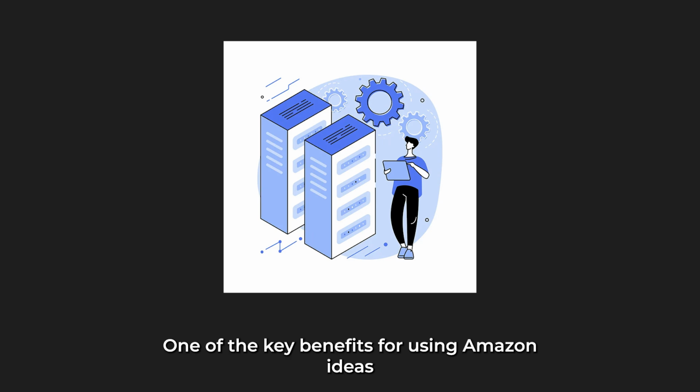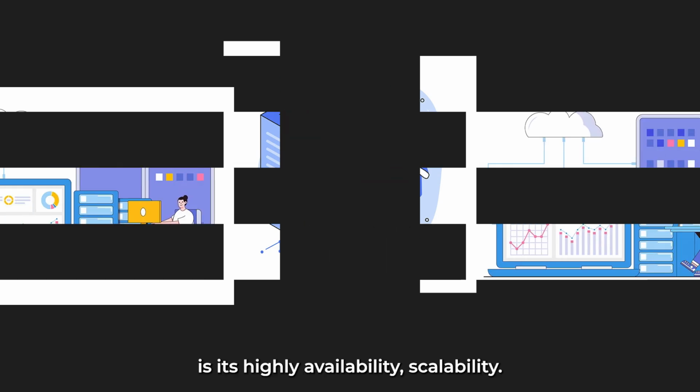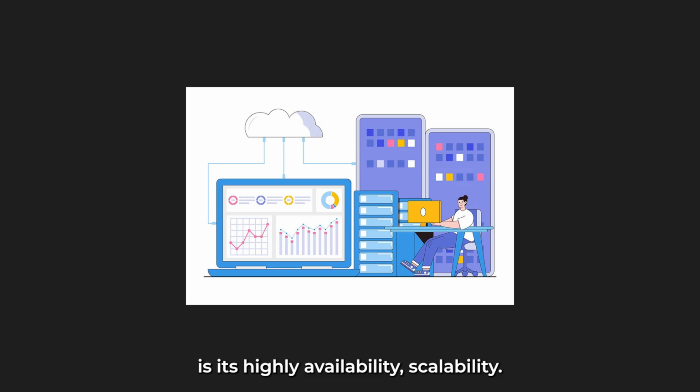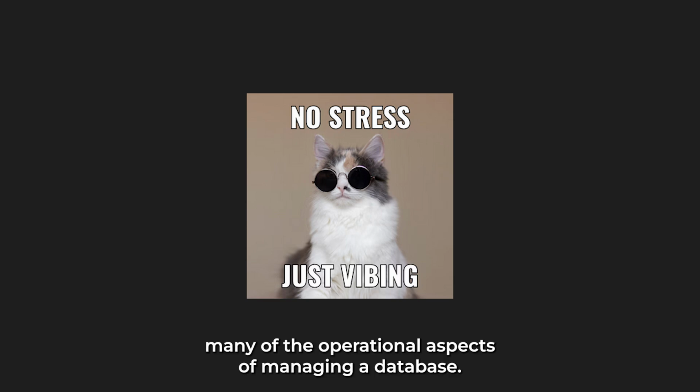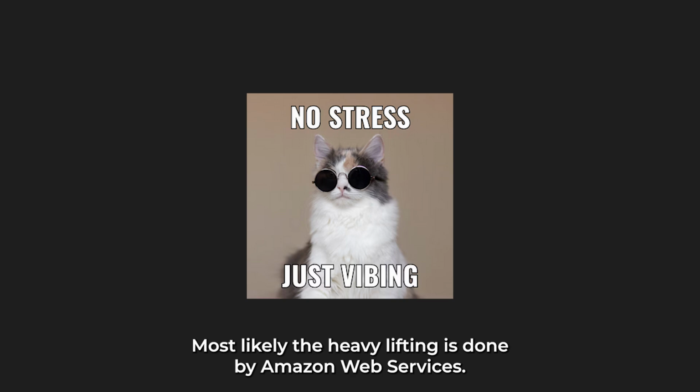One of the key benefits of using Amazon RDS is its high availability and scalability, and the fact that it's a managed service. This means that we don't need to worry about many of the operational aspects of managing a database. Most likely, the heavy lifting is done by Amazon Web Service.